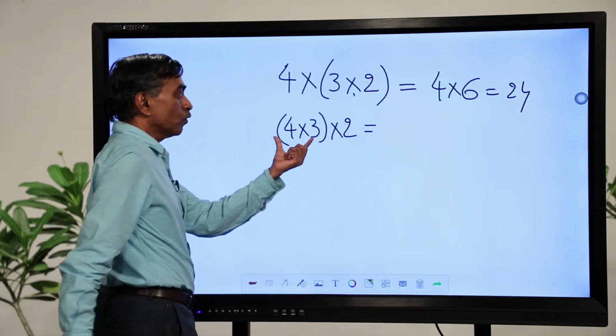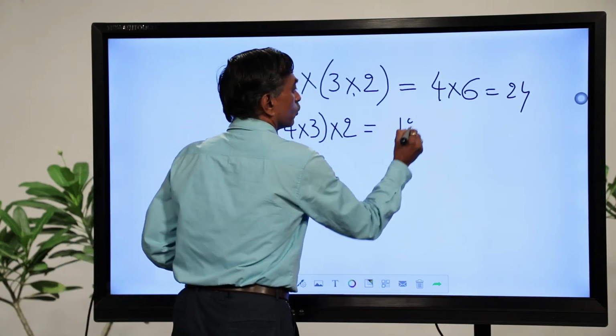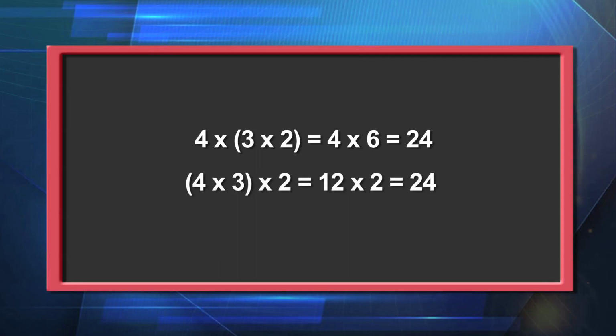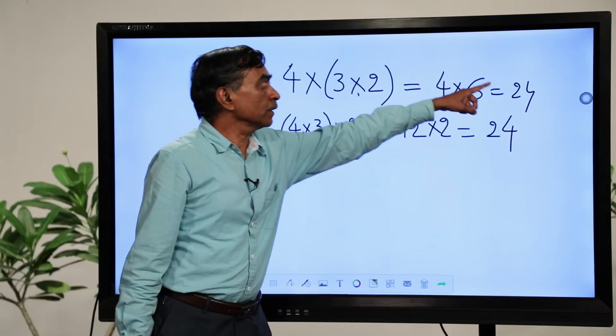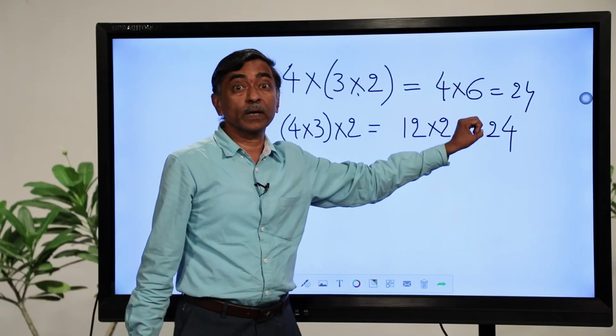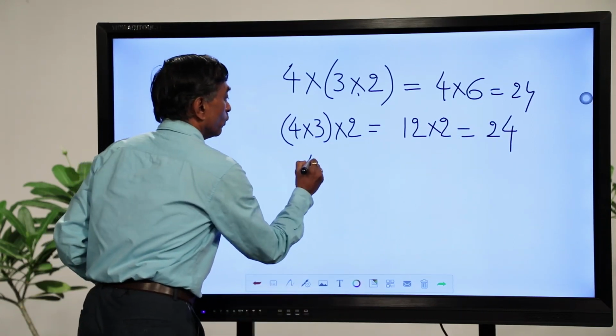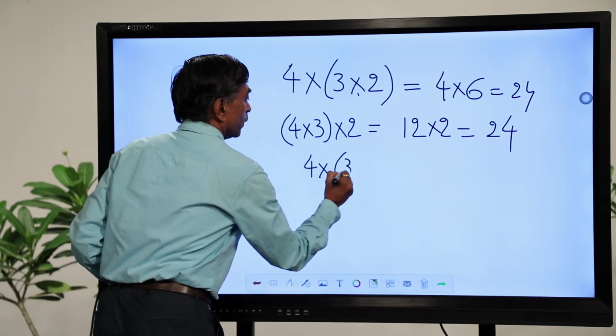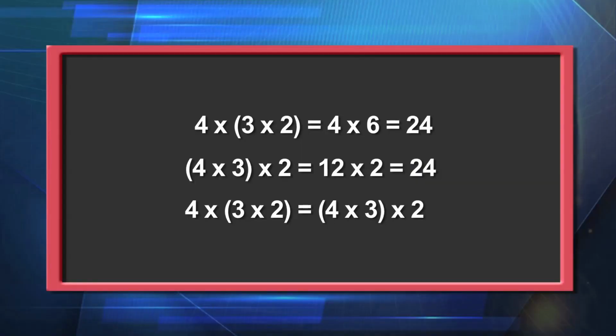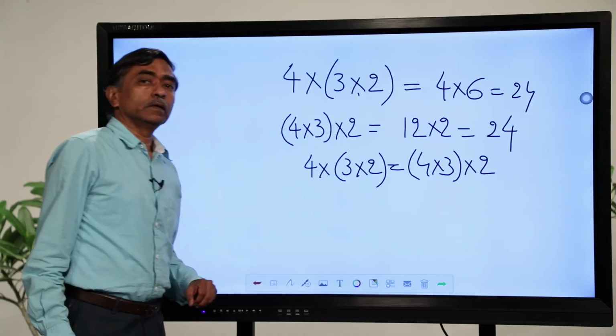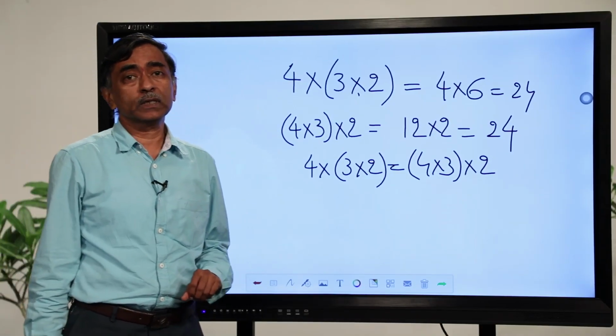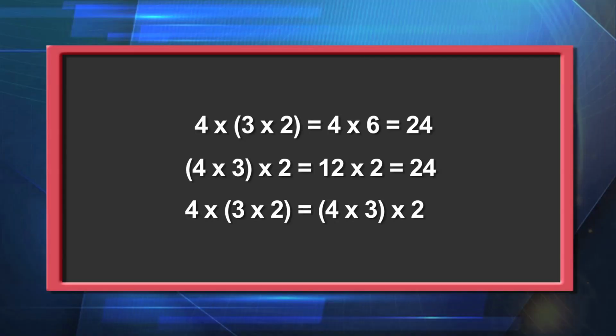First I combine these two and get 12 multiplied by 2, which is 24. You are getting the same answer there. So I can say that 4 multiplied by (3 multiplied by 2) is equal to (4 multiplied by 3) multiplied by 2.